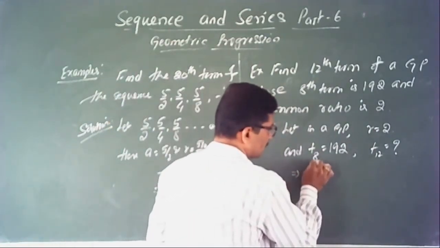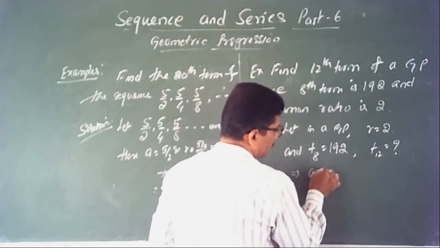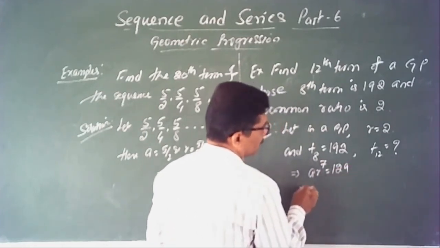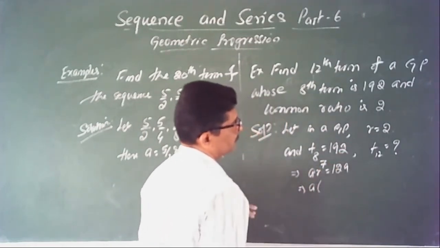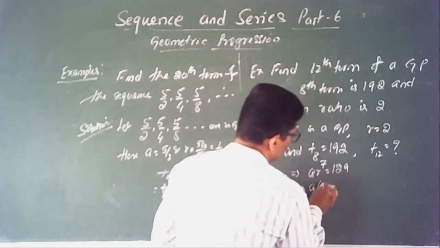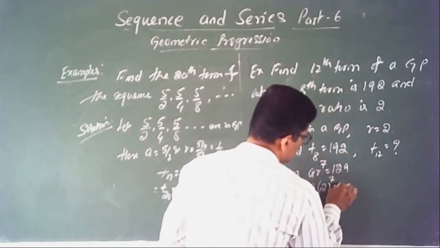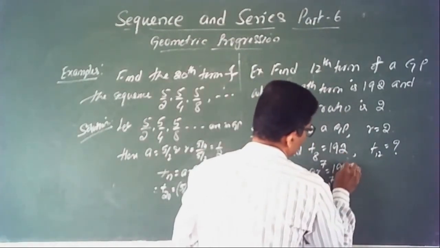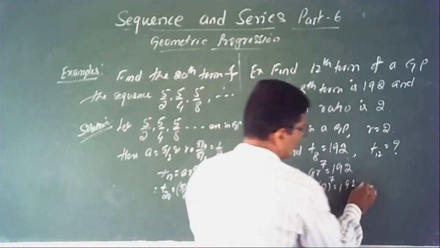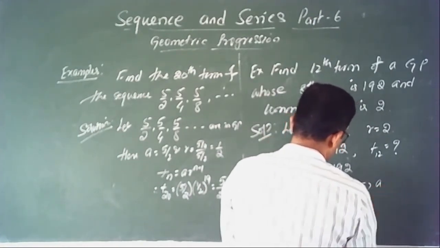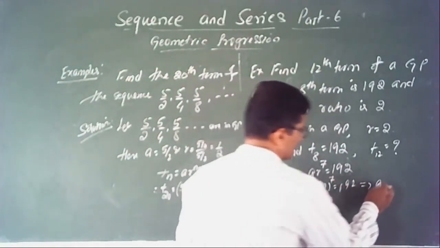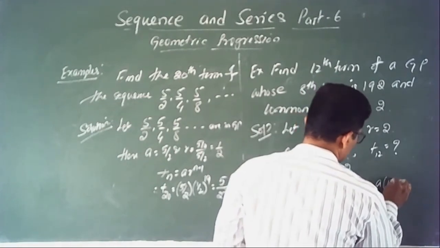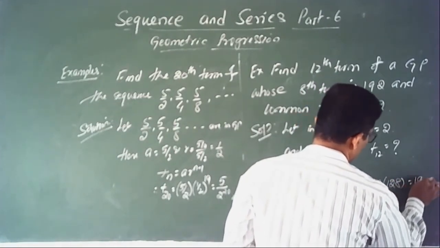It implies T8 is equal to a into r raised to 7, since 8 minus 1 is 7, is equal to 192. It implies a into 2 to the power 7, which is 128, is equal to 192.